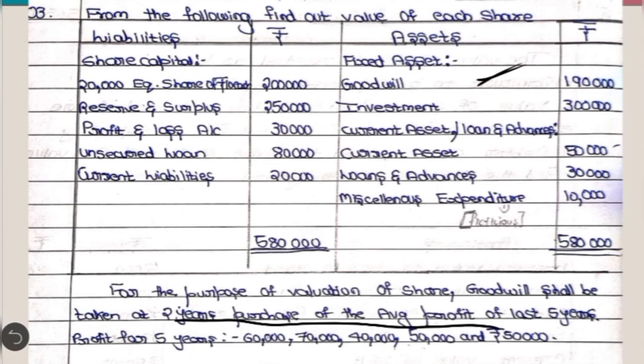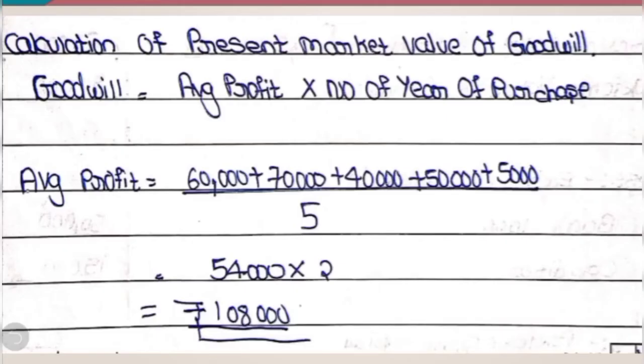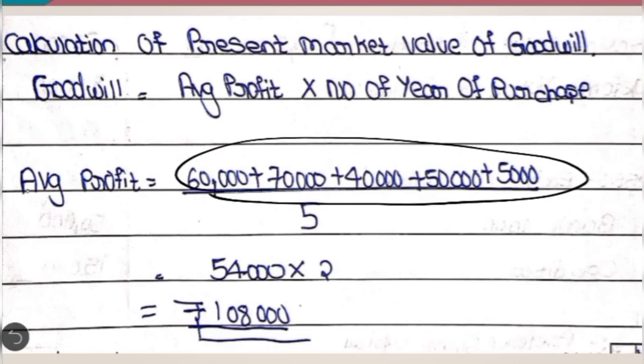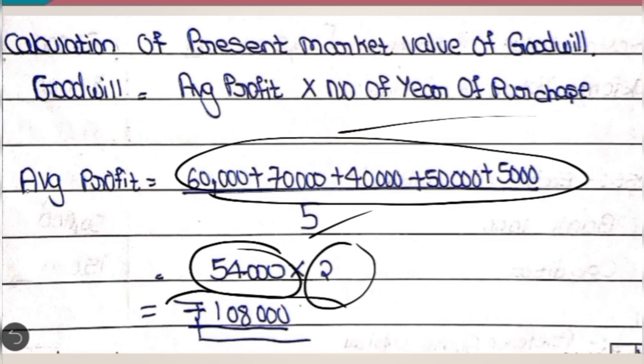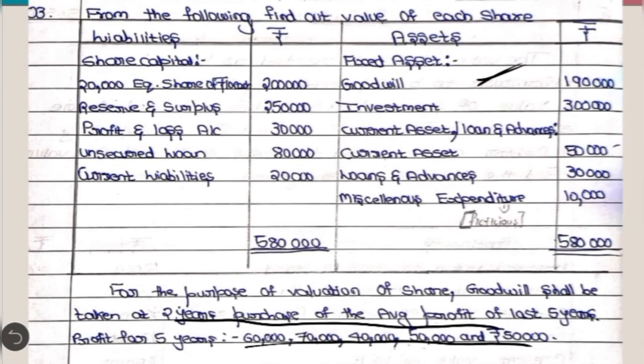Value of goodwill is equal to average profit into number of years of purchase, here 2 years purchase. So first you have to add the profit of 5 years divided by 5, total profit divided by 5, you get average profit of 54,000, multiply with the number of years of purchase, that is 2, you will have the value of goodwill at 1,08,000. So that is the first asset.